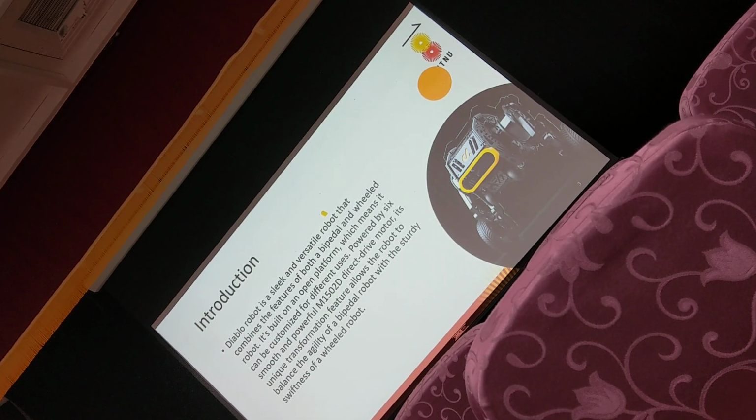It's built on an open platform, which means it can be customized for different uses, powered by 6 smooth, powerful motors. Its unique transformable feature allows the robot to balance the agility of a bipedal robot with the steady swiftness of a wheeled robot.